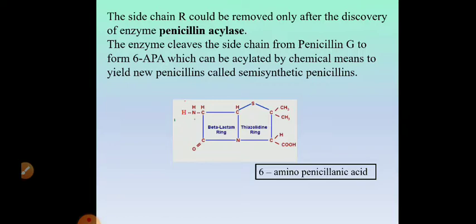But the side chain R could be removed only after the discovery of the enzyme penicillin acylase.